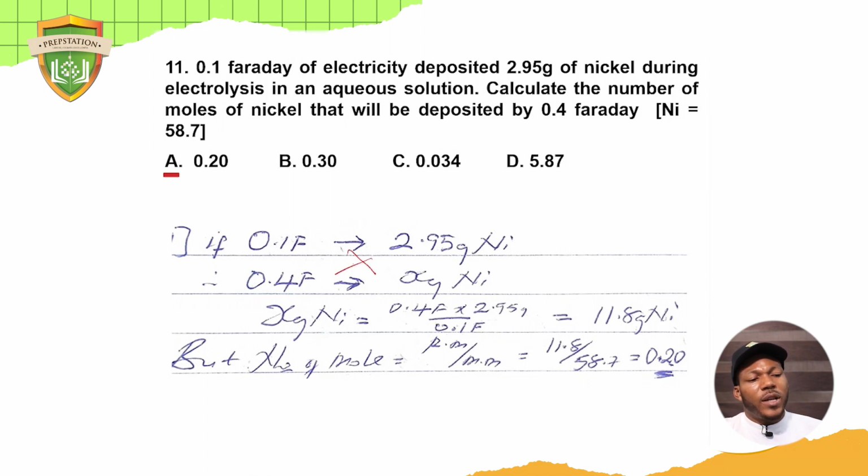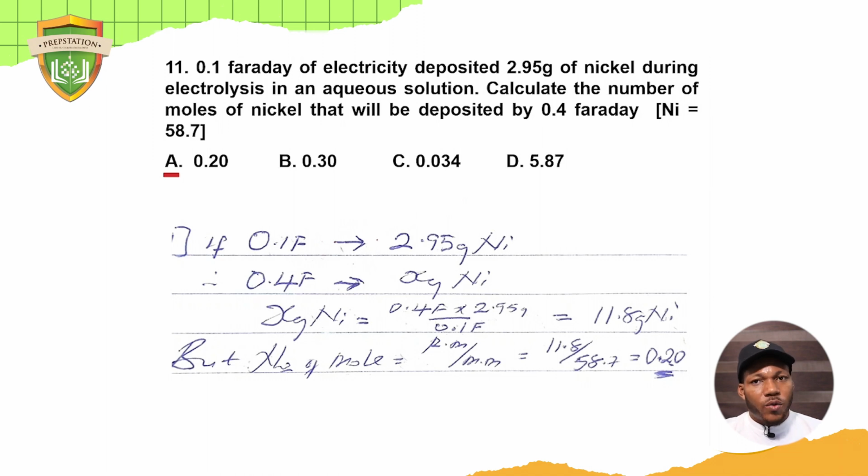But you must know how to place this. If you don't know how to place this, that's where the problem is. So you must learn how to place this so that you will not do the reverse. Don't forget that all these options are answers based on how you solve it. If you solve it the wrong way, you will see your wrong answer among the options. So you must be careful on how to place your figures in order to get your right answer.